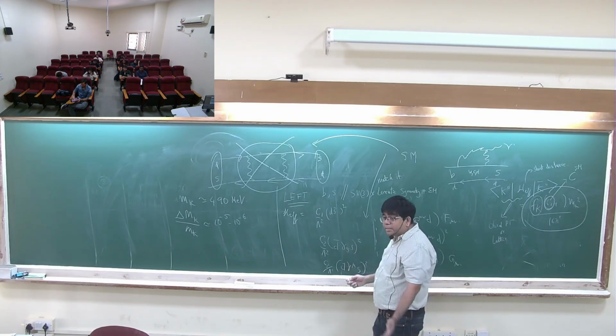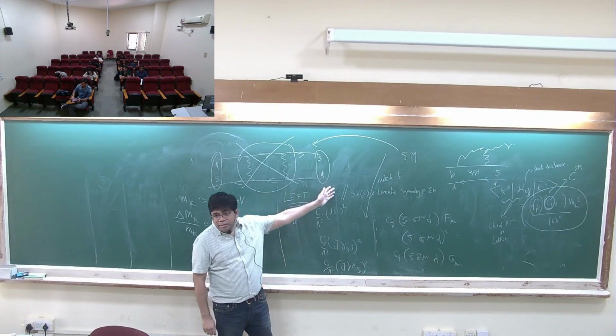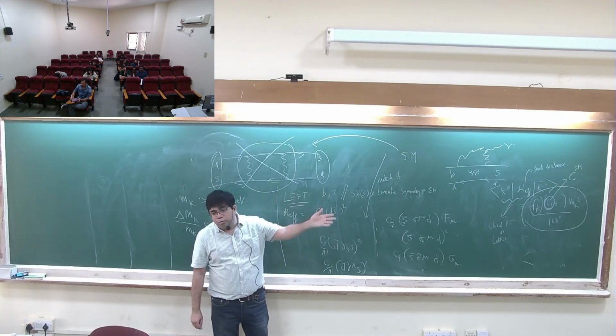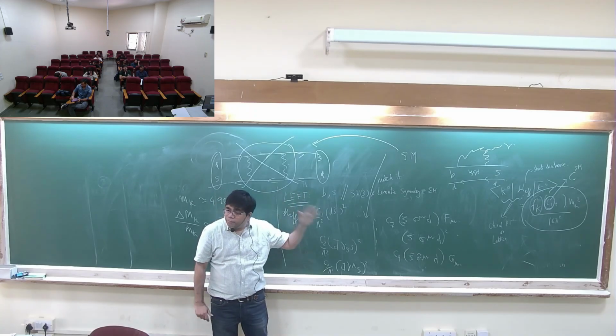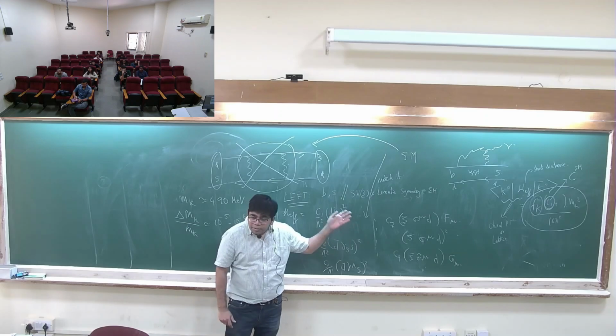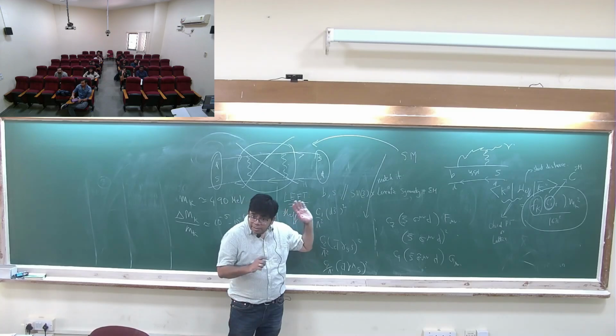Now B and S transitions can be in many places, not only in B to S gamma. There could be B to K star, B to K, so many processes. For all of them there is only one effective field theory. Just like K0 K0 bar oscillations, there are Bs Bs bar oscillations.